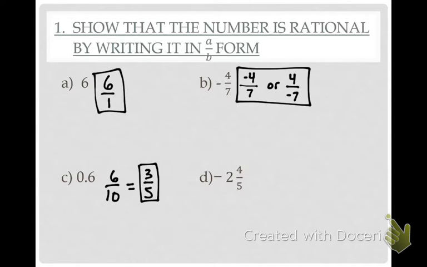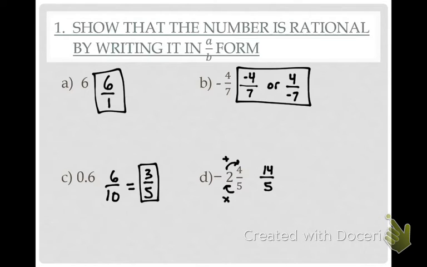Last one, problem D. Does that look like a fraction? No. What's that called? It's a mixed number, but I want it to look like a fraction. So what do I have to do to it? We make it improper, so we multiply those, and then we add those. When you do that, what do you get? 14 over 5. But what do I have to do with my negative?